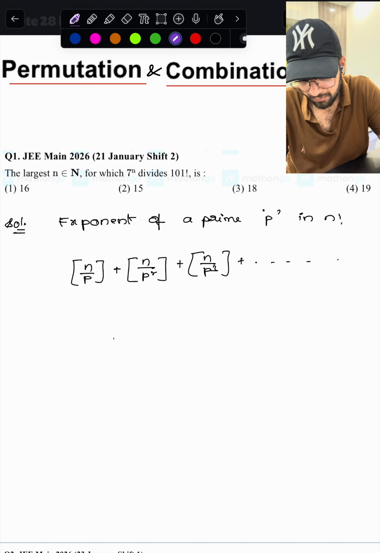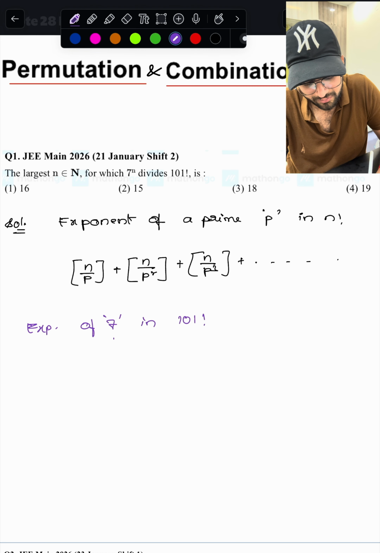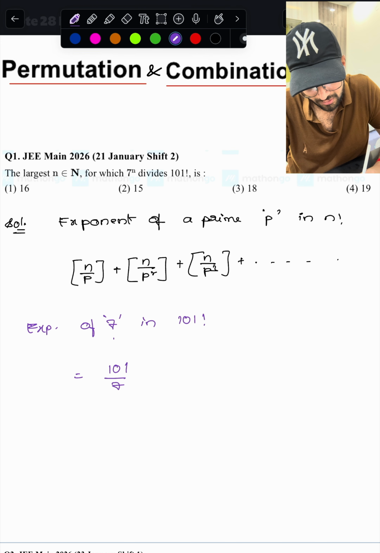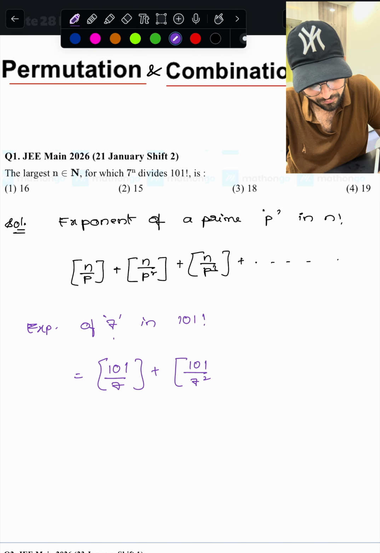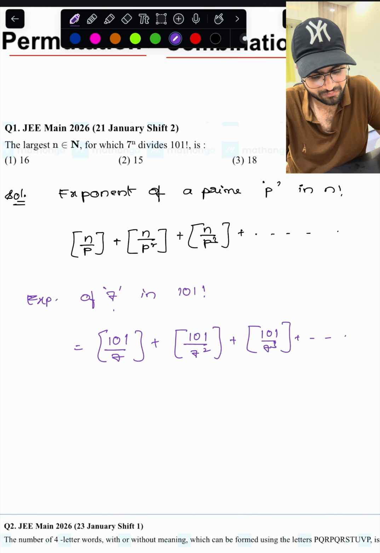Now if you apply this formula for this question, exponent of 7 in 101 factorial. How to solve? Box of 101 by 7 plus box of 101 by 7 square plus box of 101 by 7 cube. 7 cube we already know is 343, and so on.